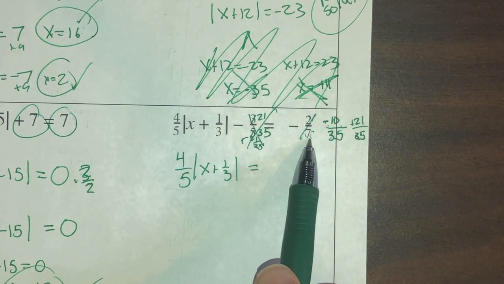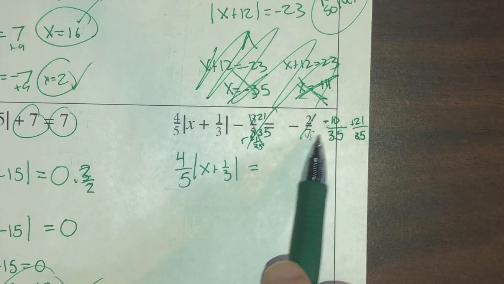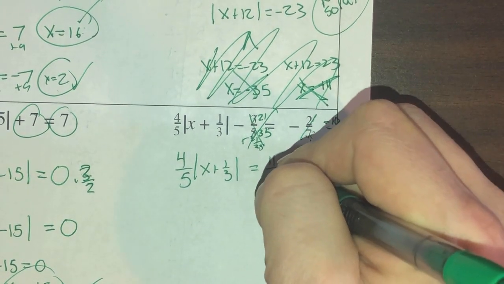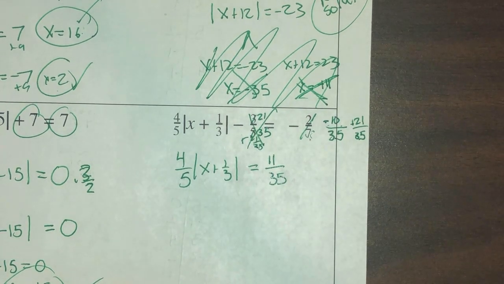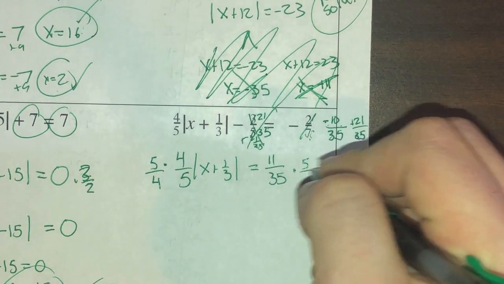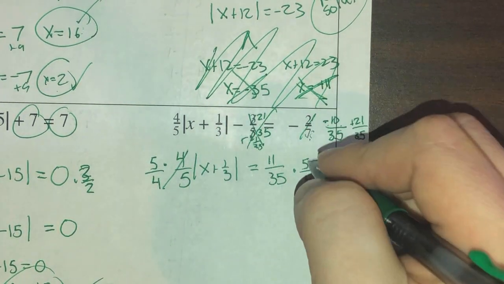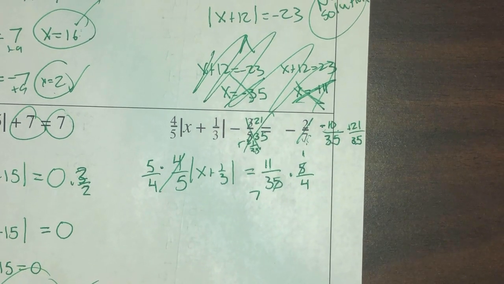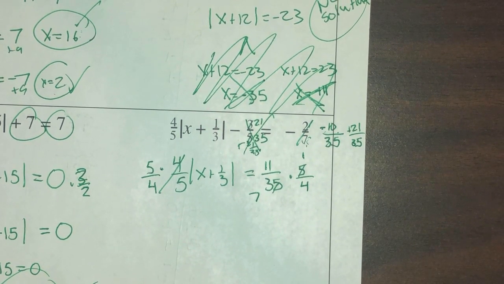And now what I'm going to get is I'm going to get 10. That's going to be 11/35. Okay. Now I'm going to multiply by 5/4 to cancel that out. This will cancel out like so because 5 goes into 35 7 times.